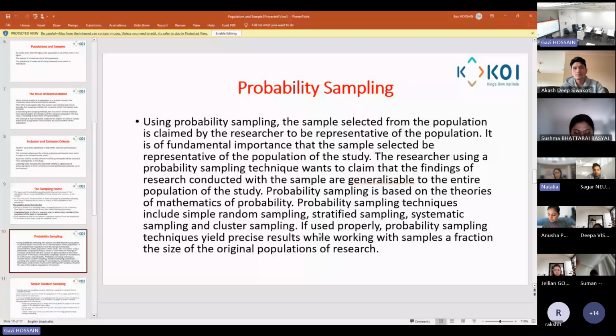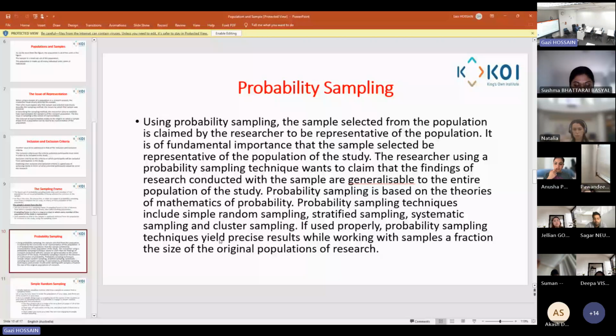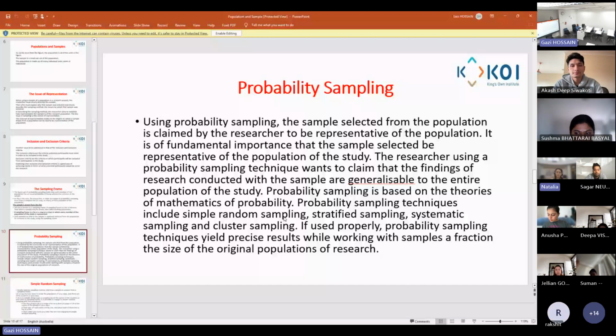If used properly, probability sampling techniques yield precise results while working with a sample that is a fraction of the size of the original population of the research. So there are 4 different techniques of probability sampling: first, simple random sampling; second, stratified sampling; third, systematic sampling; and fourth, cluster sampling. These are the 4 specific techniques under probability sampling.